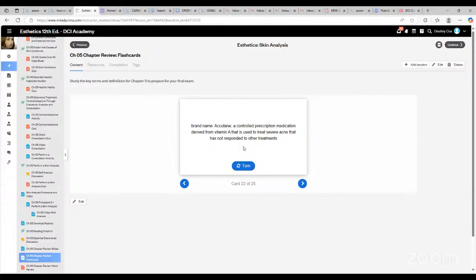So just knowing about Accutane, doing a little research, retinol, vitamin A, it's going to help you in your skin decisions when you become a professional.